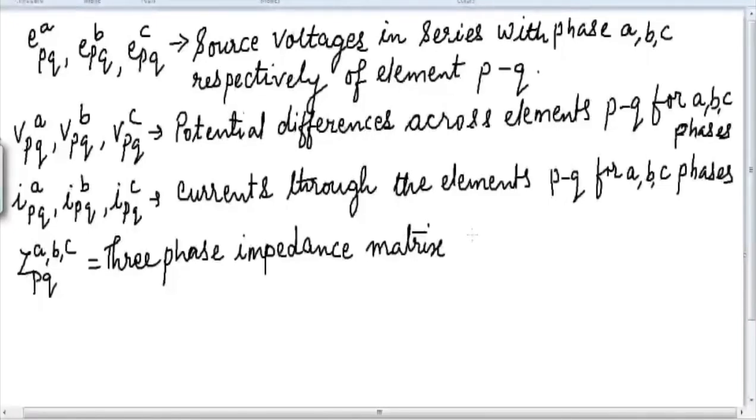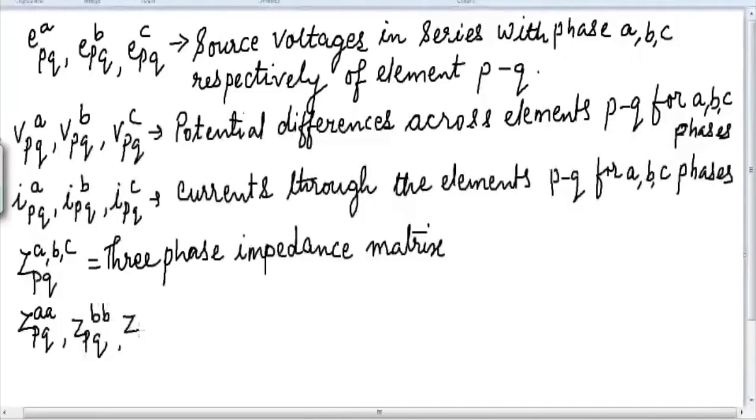Right? And then what we have written next is Z_PQAA, Z_PQBB, and Z_PQCC.